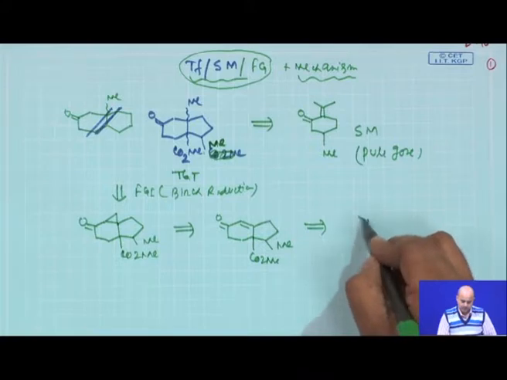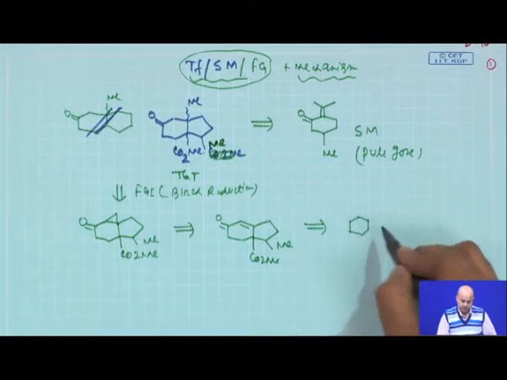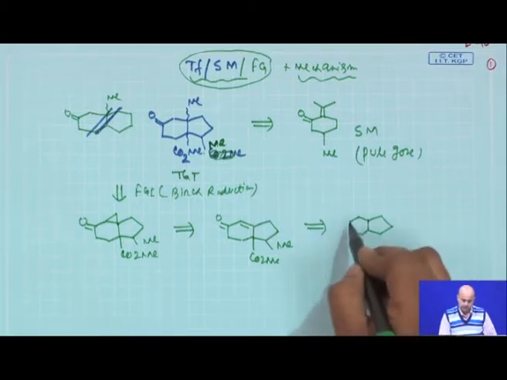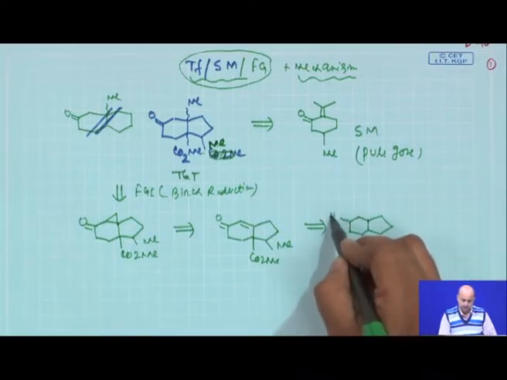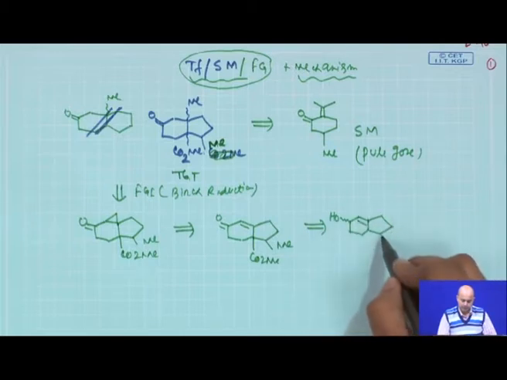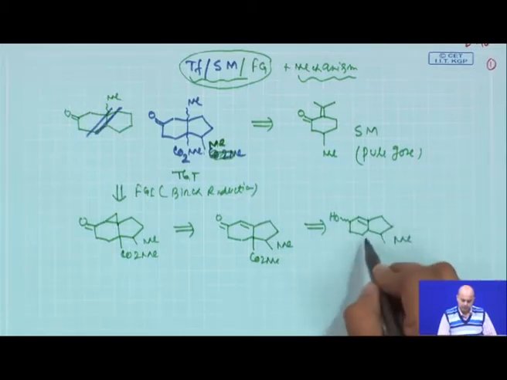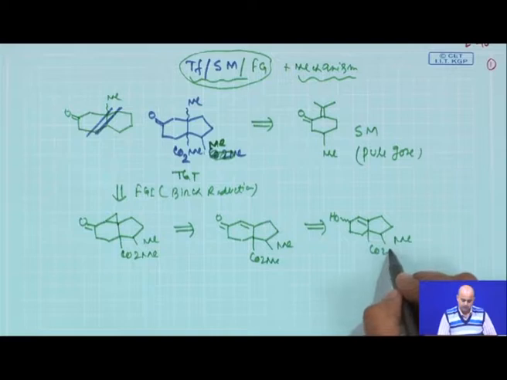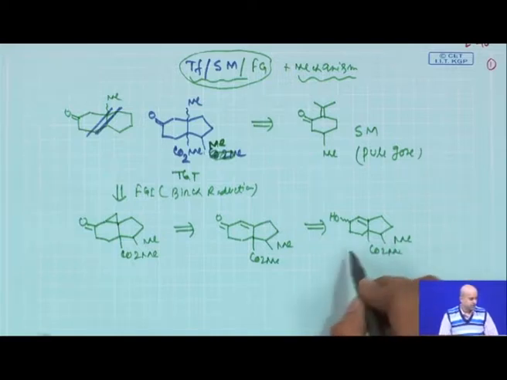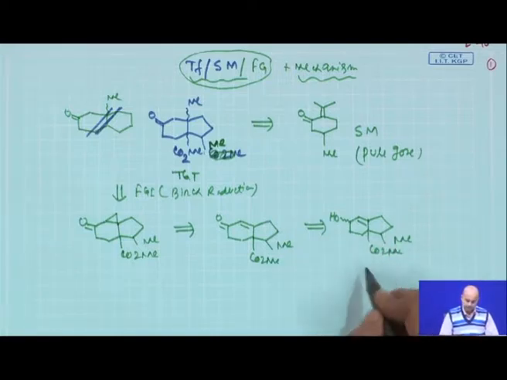Now, we are saying that okay, this Simmons-Smith is fine, but you need to access this alpha beta unsaturated ketone, and so we will be doing it from an alpha beta unsaturated alcohol. The remaining part of the structure is all similar.